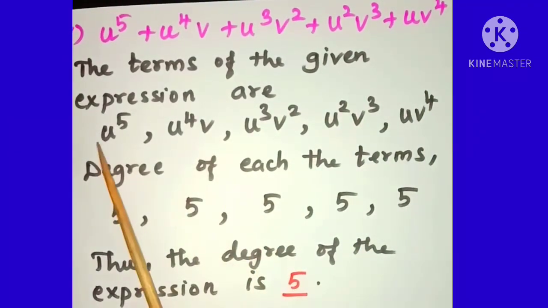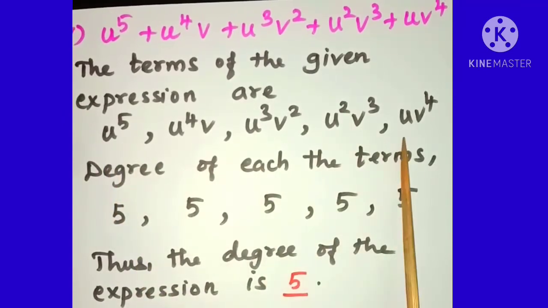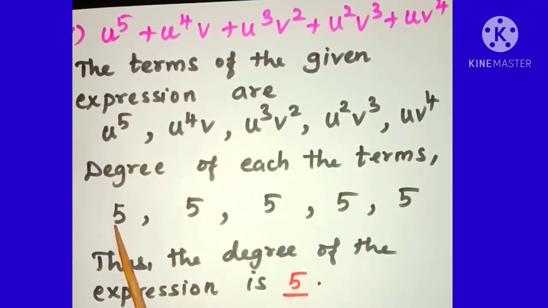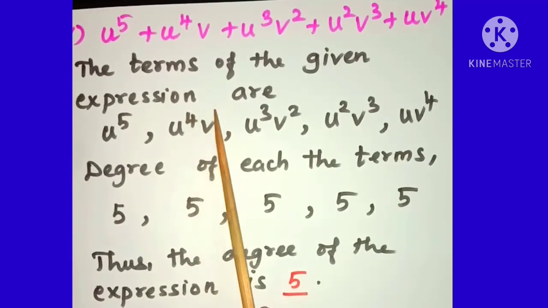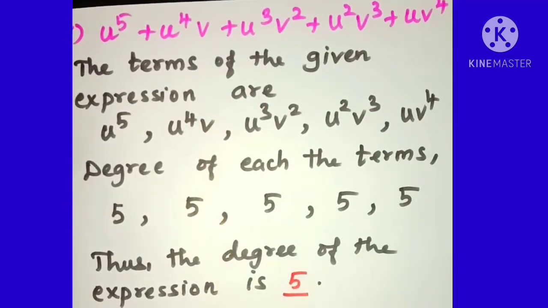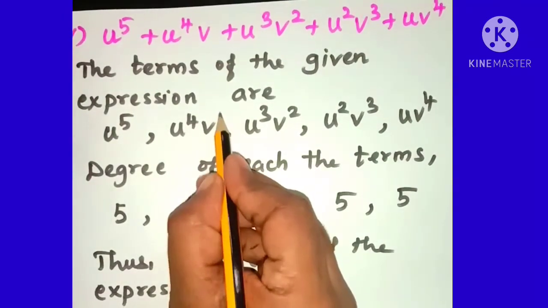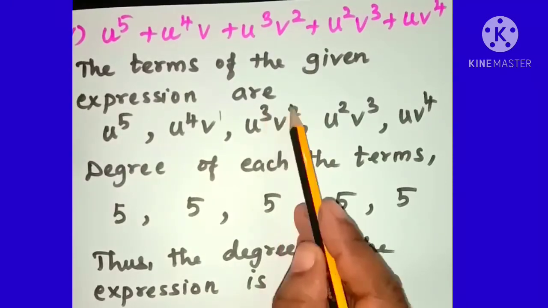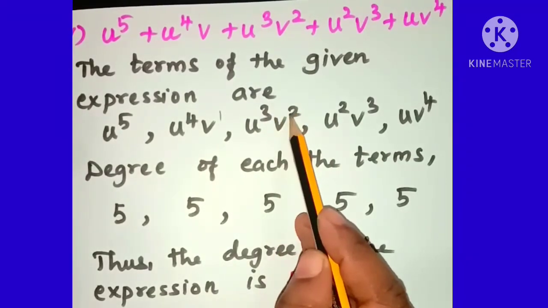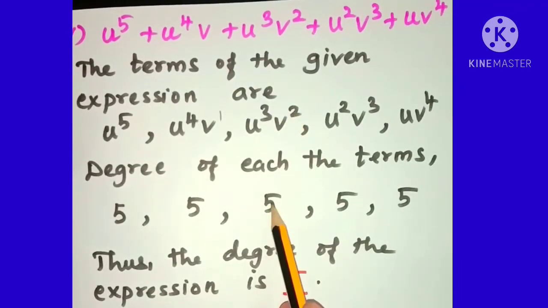And then what is the degree of each of the terms? The degree of u power 5 is 5. The degree of u power 4v is 4 plus 1. So 4 plus 1 is 5. And the degree of u cube v square is the sum of the powers of u and v, that is 3 plus 2 is 5.